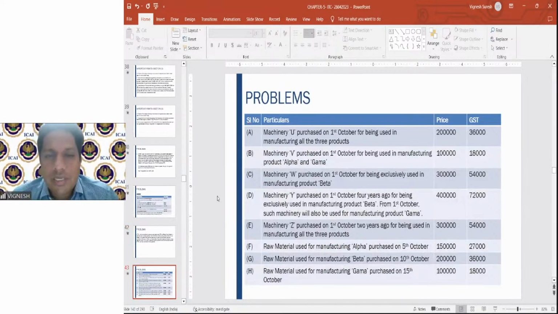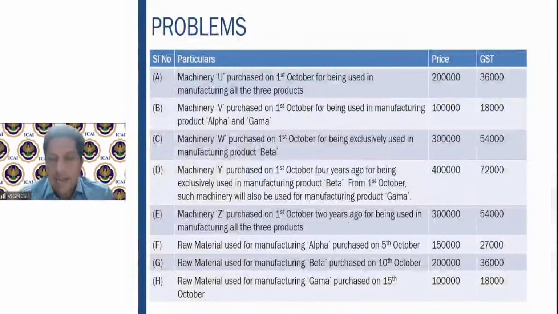Machinery U purchased on 1st October for being used in manufacturing all the 3 products, 2 lakhs, GST of 36,000. Machinery V purchased on 1st October for being used in the manufacturing product alpha and gamma, which is again 1 lakh. Machinery W purchased on 1st October for being exclusively manufacturing beta, 3 lakhs, GST also is given.